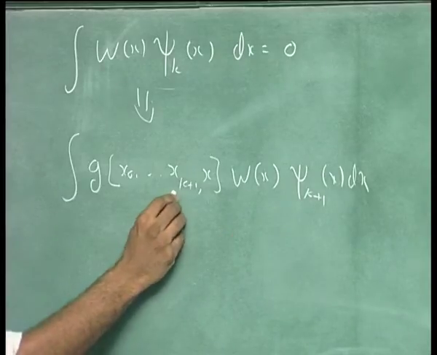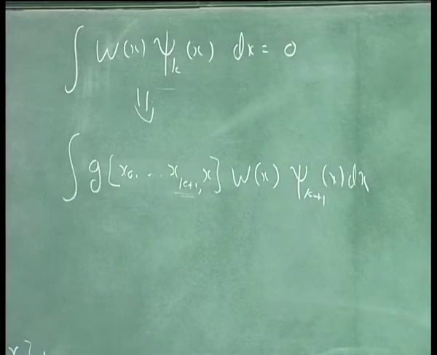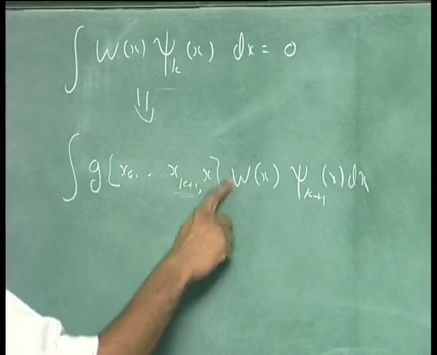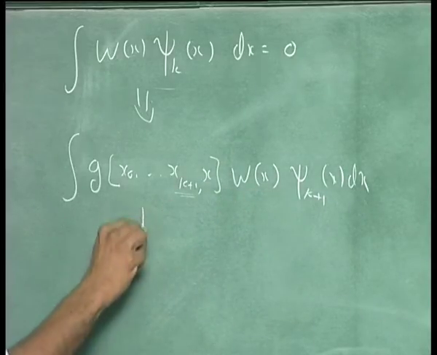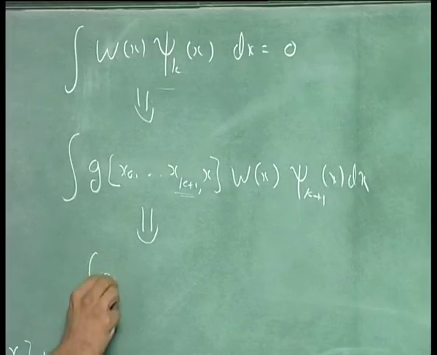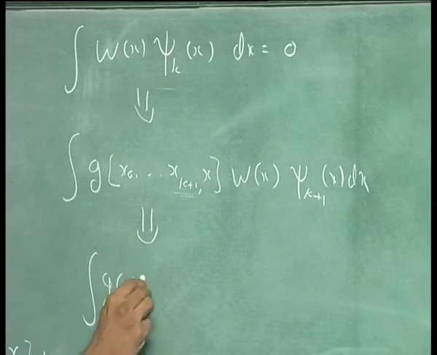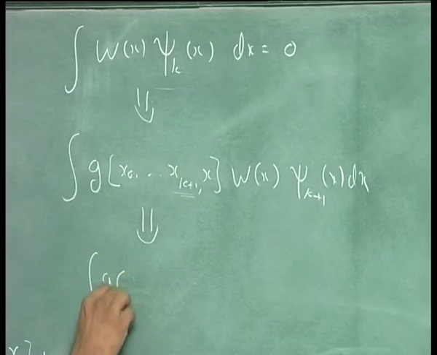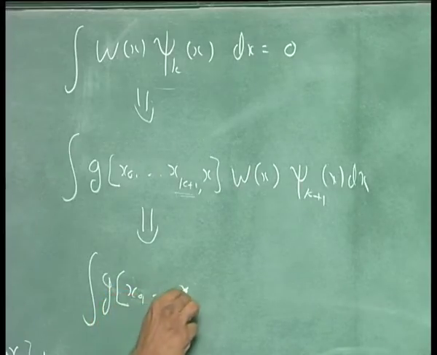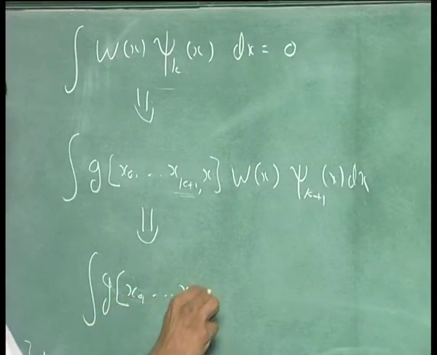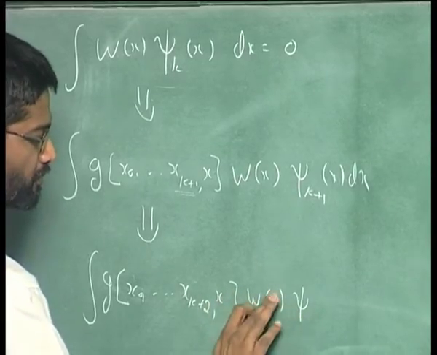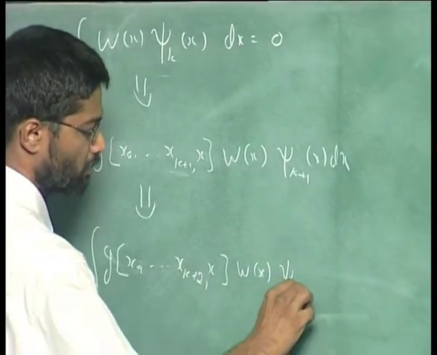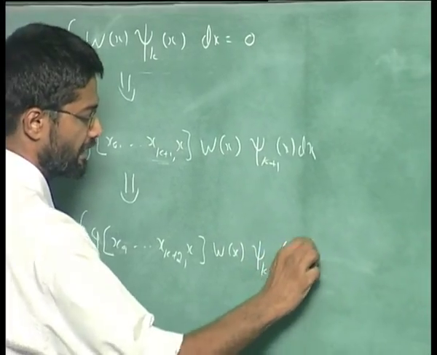Now, we choose it such that this integral is again 0, that is the integral of w of x psi k of x dx is 0, and then this will lead to the integral of g[x0, ..., x_{k+2}, x] w of x psi k plus 2 of x dx.